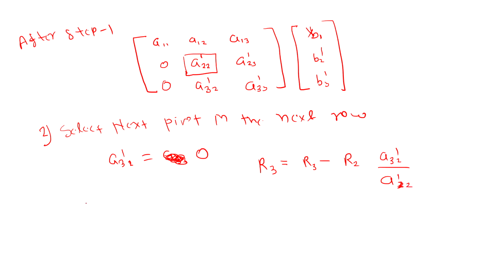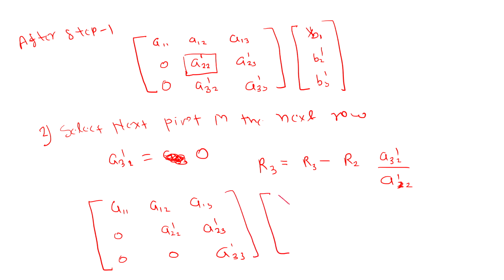So this is my step 2, and this makes my matrix as A11, A12, A13, 0, A22 prime, A23 prime, 0, 0, A33 prime, times X1, X2, X3, equals B1, B2 prime, B3 double prime. Remember, B3 will change with this row operation.